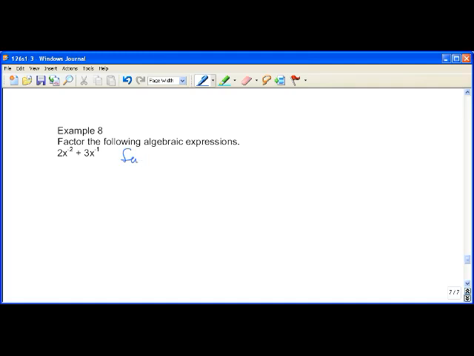Factor out x to the negative 2. So it's going to be x to the negative 2 times 2x to the negative 2 divided by x to the negative 2 plus 3x to the negative 1 divided by x to the negative 2. I'm dividing that out of each term. So x to the negative 2 divided by x to the negative 2, that's just 1.